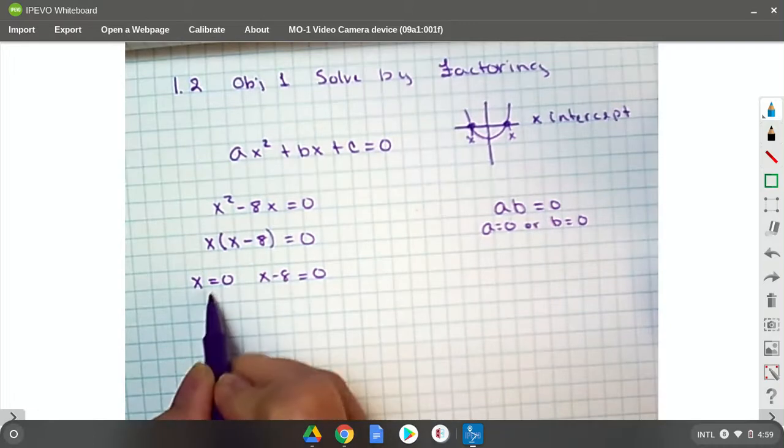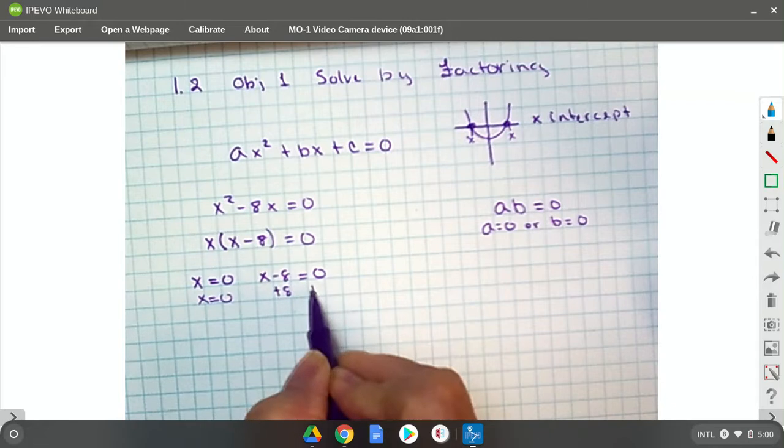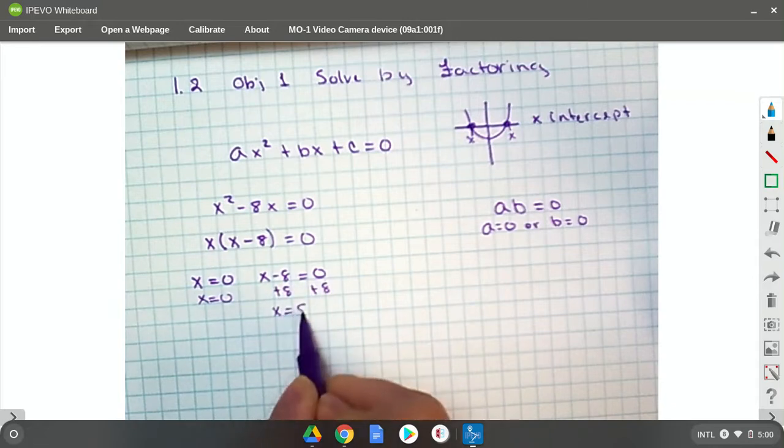And we solve. We don't have any solving for this one. x equals 0. Here we have to add that 8 to both sides. x equals 8.